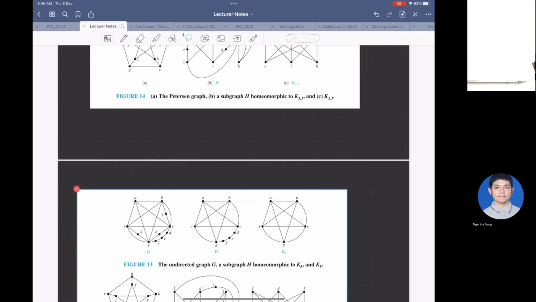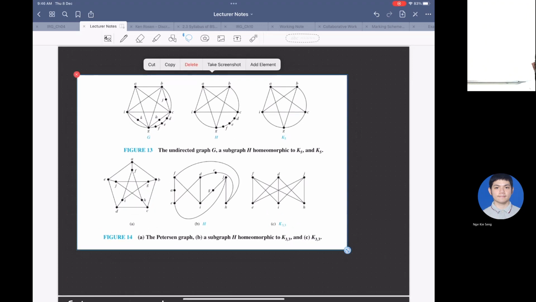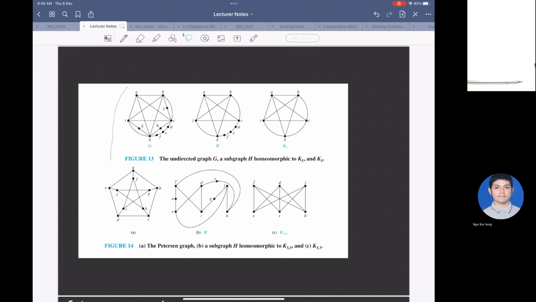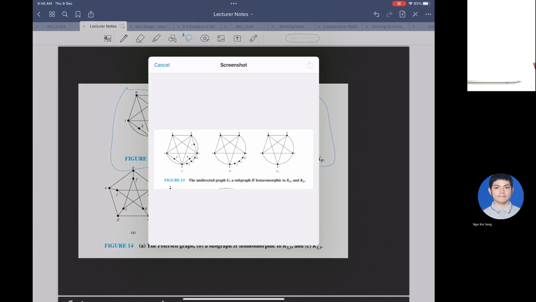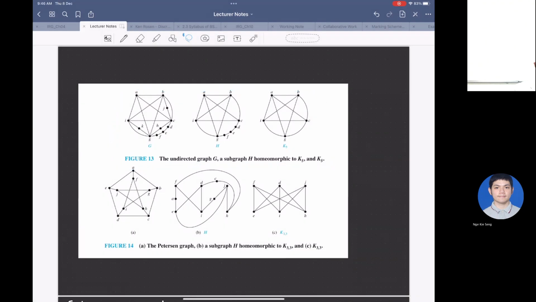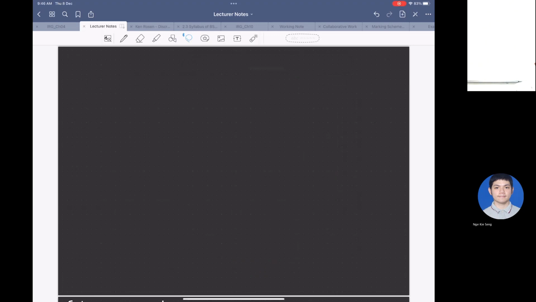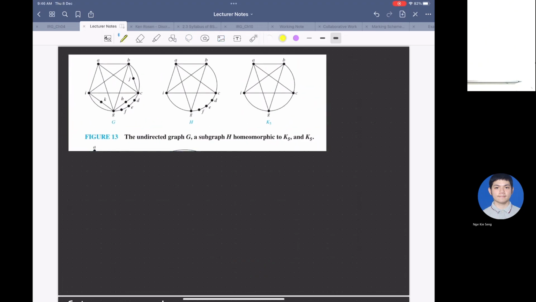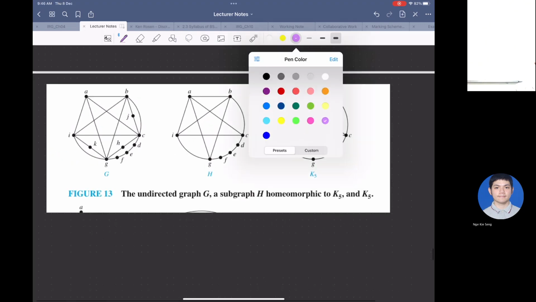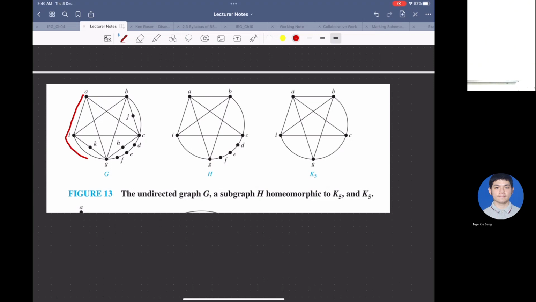There are two subgraphs you can look at: you can look at the outside one, or you can look at the inside one. Maybe I just draw it on the top. There's one subgraph you can look at, which is this one.